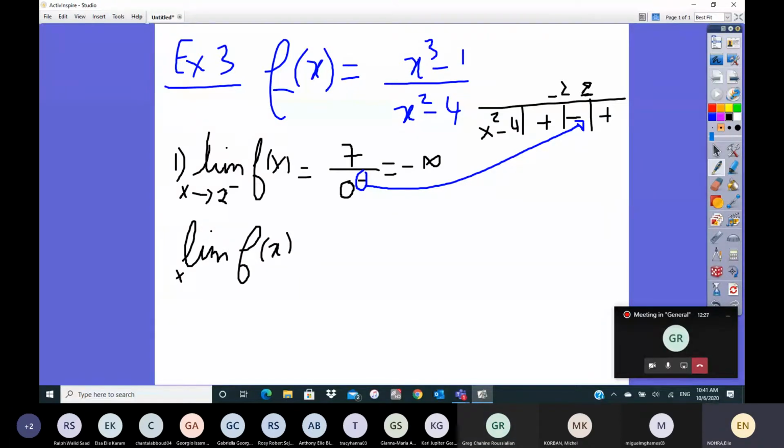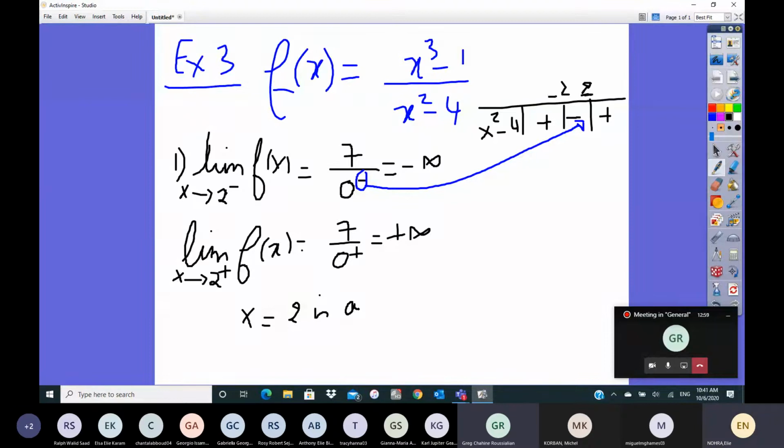Limit of f of x when x tends to 2 plus is 7 over 0 plus, which is plus infinity. Great. These two interpret the result: simply x equals 2 is a vertical asymptote.